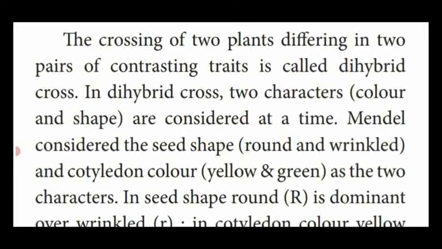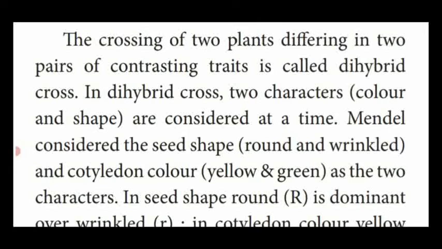The cross taking place between two different pairs of contrasting characters is called a dihybrid cross. Di means two. So in this cross, Mendel has taken two plants with two different pairs of contrasting characters. That is said to be a dihybrid cross.